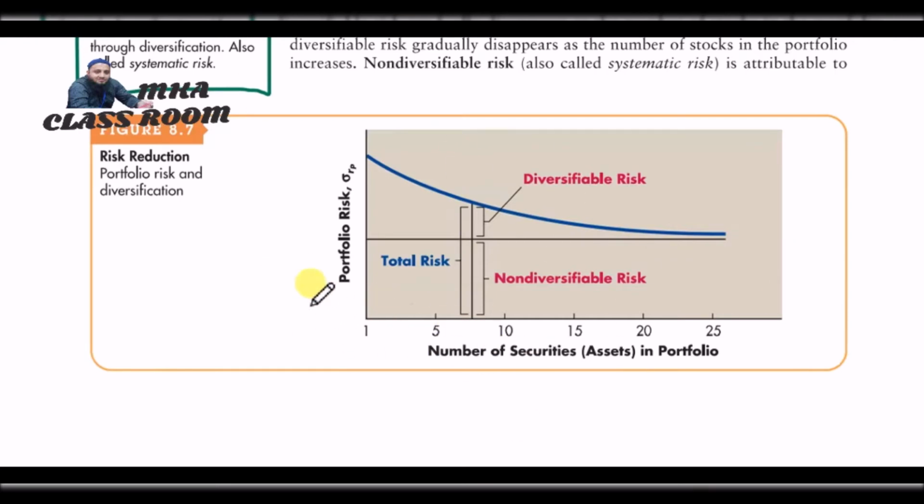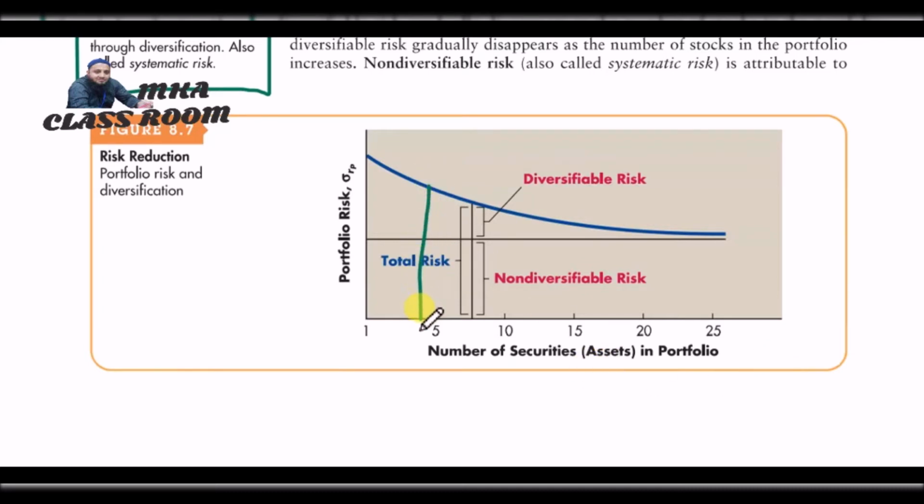In this graph, the y-axis is the portfolio risk and the x-axis is the number of securities. If you increase the number of securities, then you can minimize diversifiable risks. So these are the total risks.